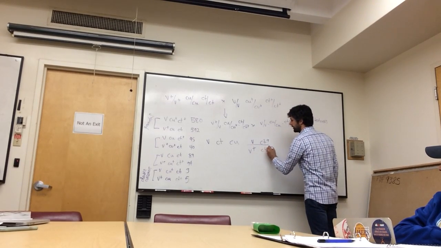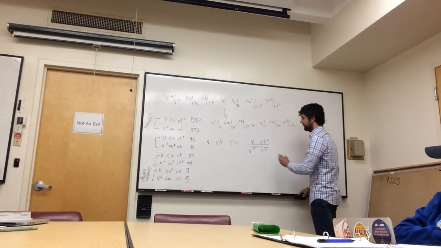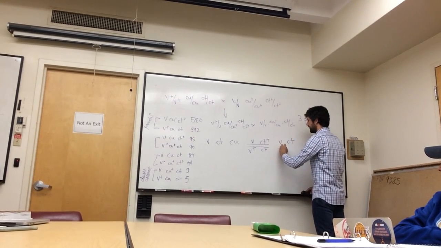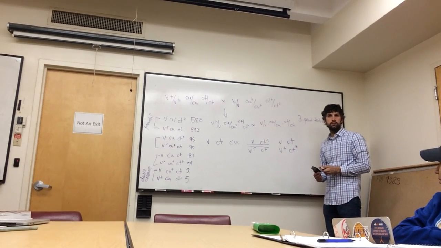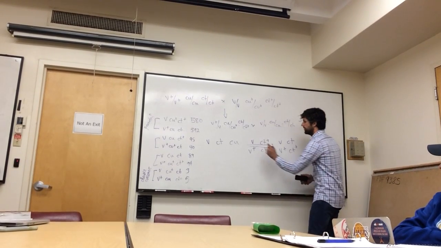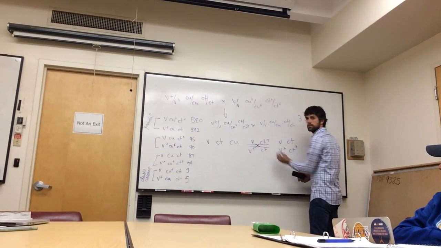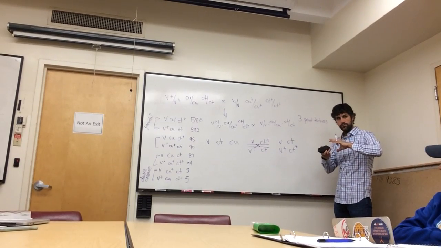Imagine this is one chromosome and here's the other. The recombinants would be V and CT, or V plus and CT plus. So those are recombinants where we've now changed the allele combination.